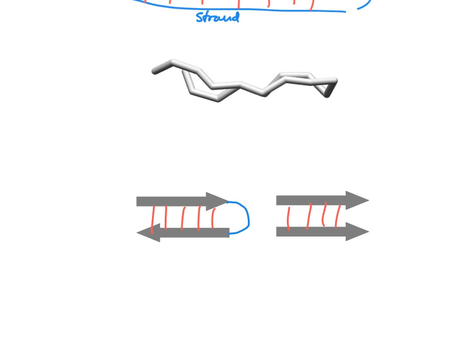This is called an anti-parallel beta sheet interaction or beta strand interaction. It's parallel in the sense that it's geometrically parallel, but it's anti because they go in opposite directions. The other type is simply called parallel, not anti-parallel, but just parallel because, again, the strands are going in parallel to each other, but they're actually going in the same direction.